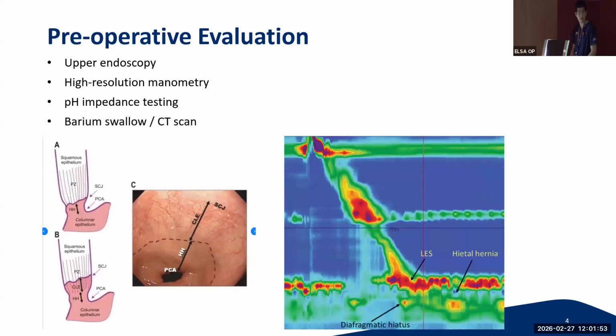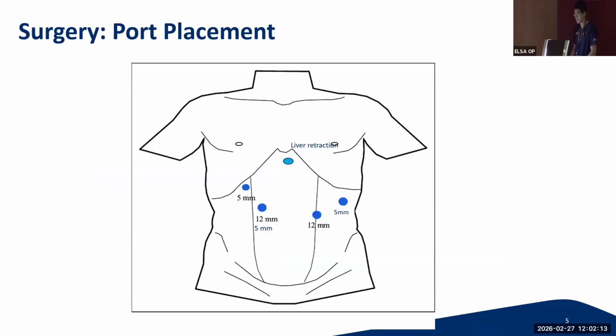If you see that there's a big distance between the two pressure bands, classically if there's a hiatus hernia, you should see a separation of 2 centimeters. For most patients without a hiatus hernia, the high pressure band of the lower esophageal sphincter actually coincides quite close to the diaphragmatic hiatus.